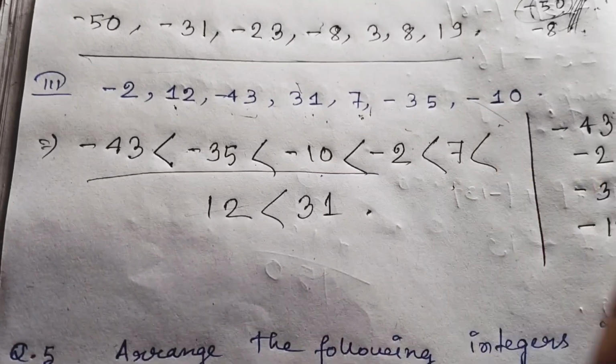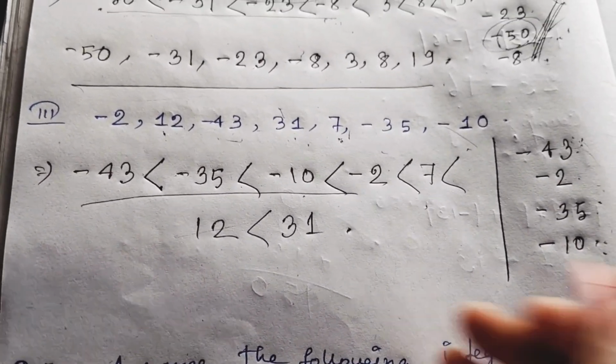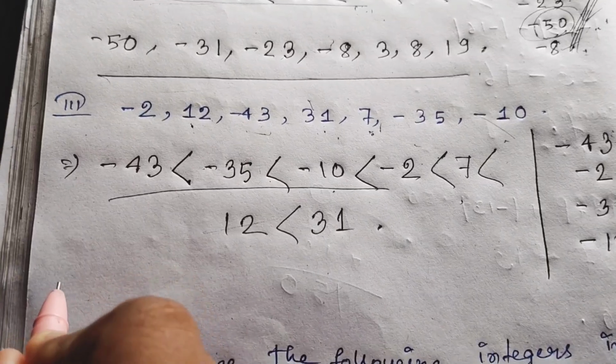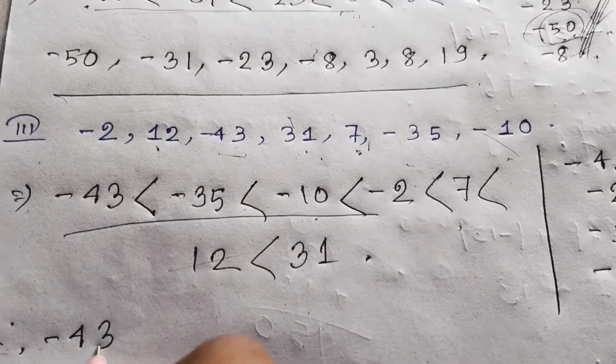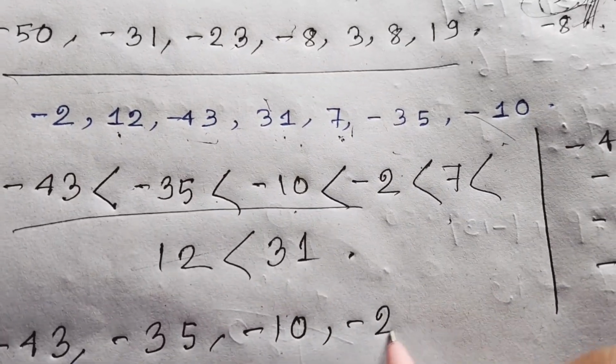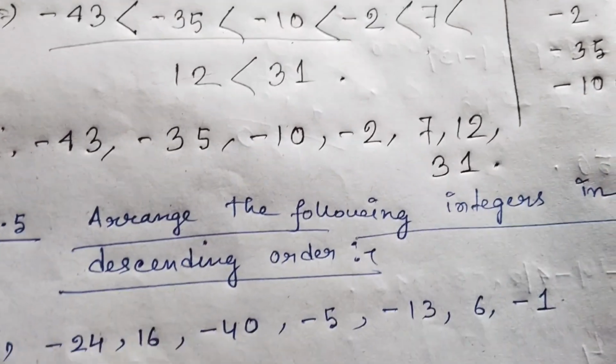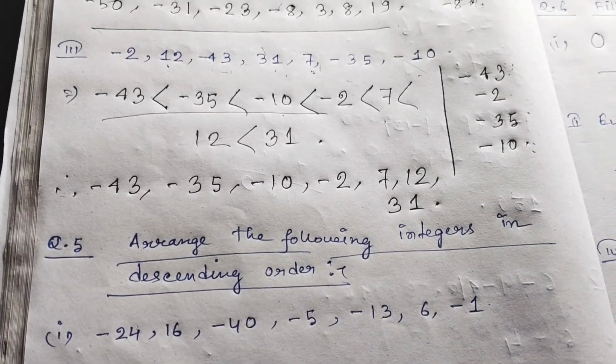In this way we can arrange this in ascending order. Ascending order means smaller to bigger. So we can write: -43, -35, -10, -2, 7, 12 and last is 31.